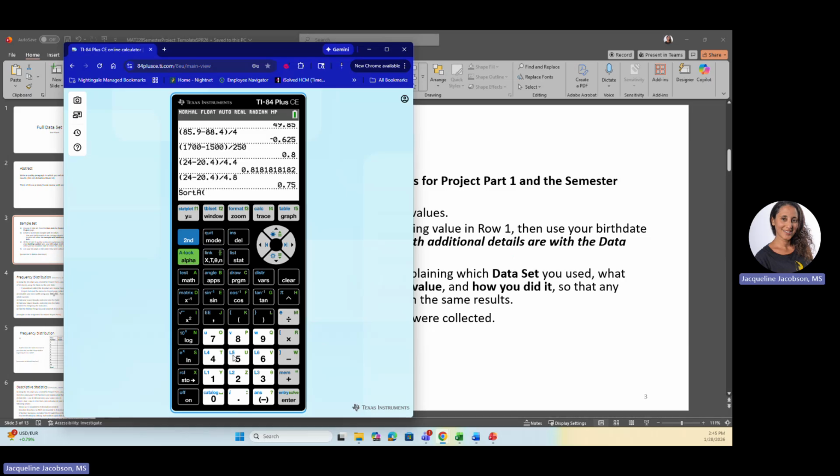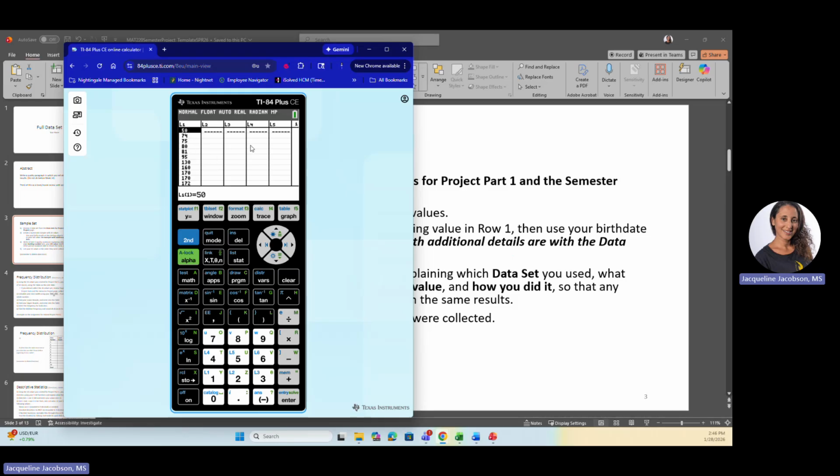If your list is in L5, you're going to press this button, but because L5 is blue, I got to press the blue button and then the number 5. Mine is in L1, so I'm just going to put L1. You guys will put L5 if your list is in L5. Sort A. But put your stuff in ascending order. Once it's in ascending order, it's easy to identify the max and min, right?